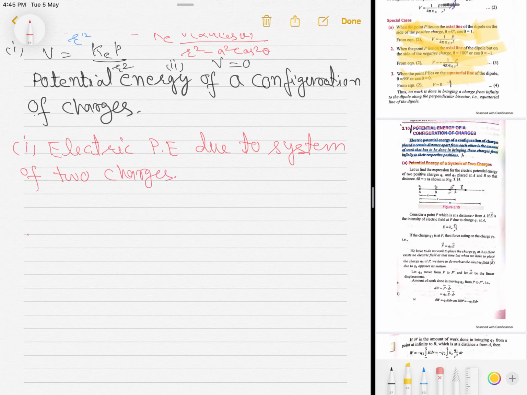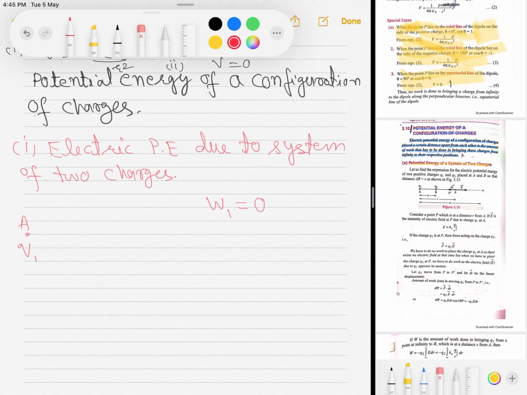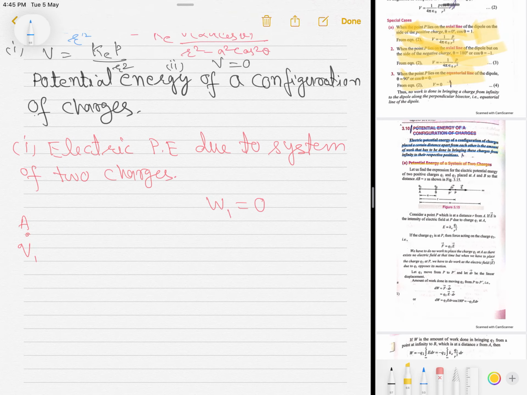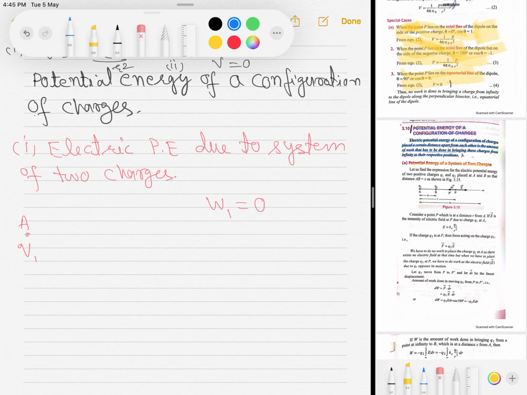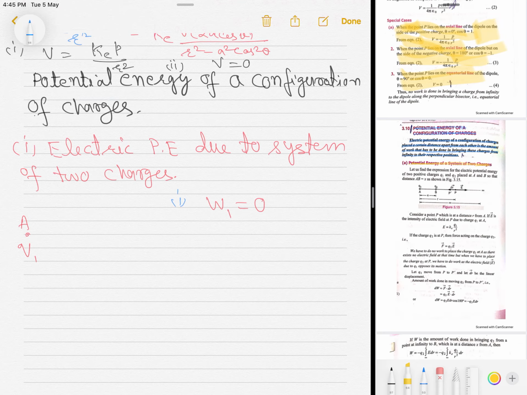Suppose one charge is q1, we bring it from infinity to a point A. So, work done in this case is 0, because there is no other charge which can produce an electric field. So, there is no electric field and we are bringing the charge q1, so we do work 0.